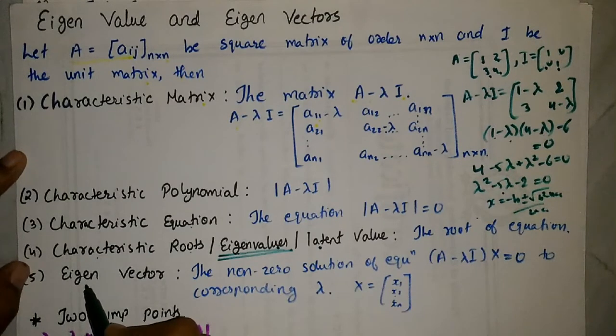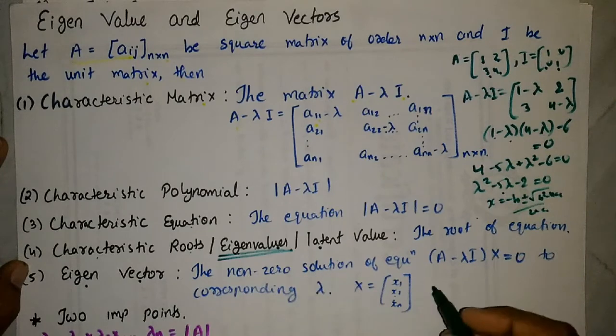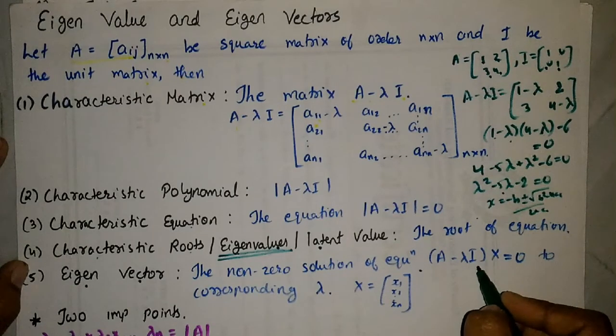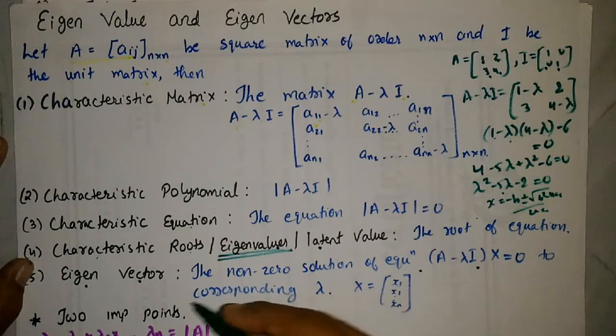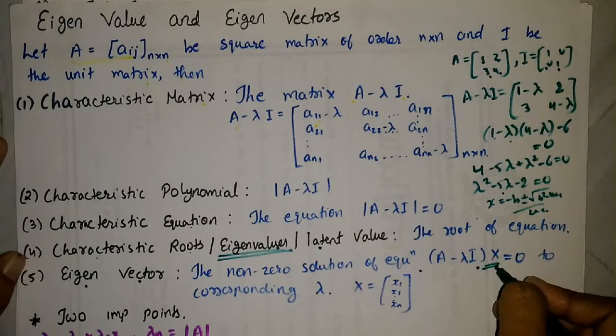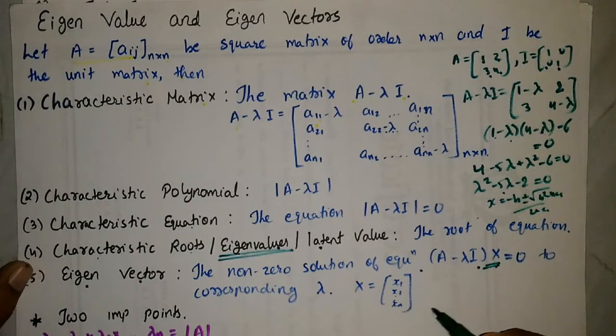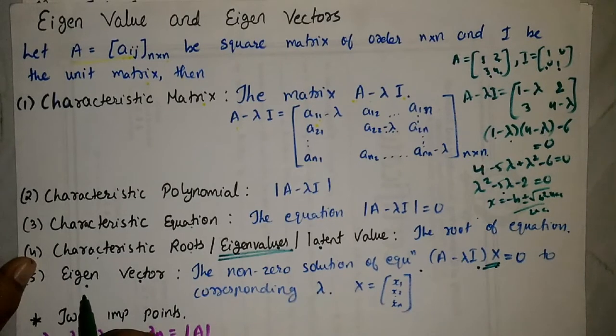And then comes the term eigenvector. What is an eigenvector? The non-zero solution of the equation A minus lambda I into x is equal to 0 is called an eigenvector. Here we are multiplying by x to get the values x1, x2 and so on. How many eigenvectors can we find?